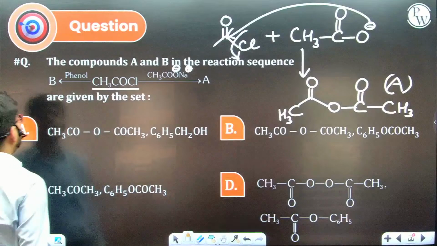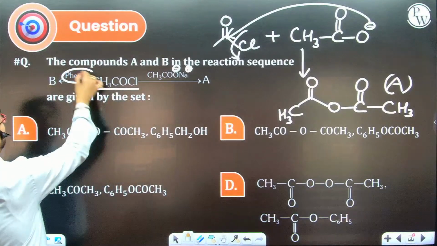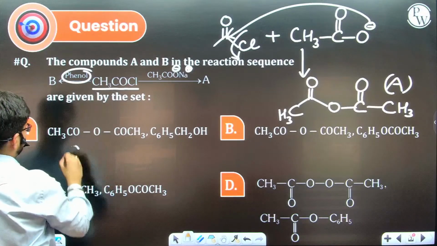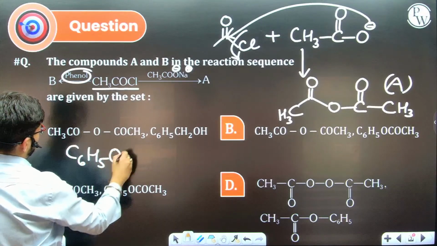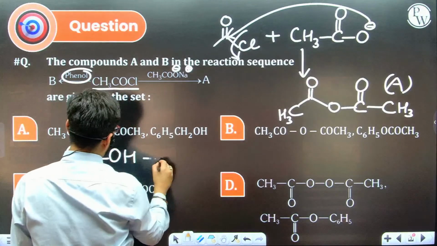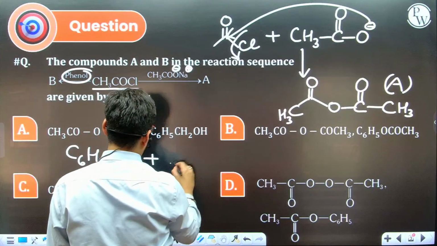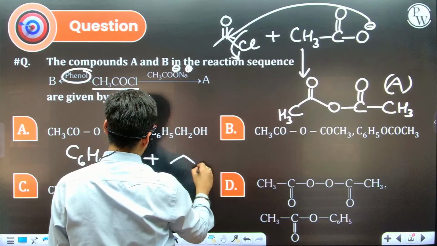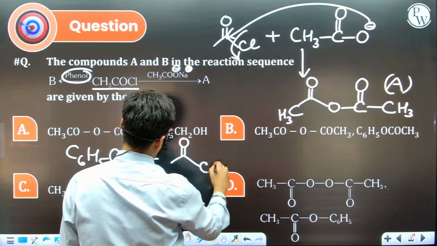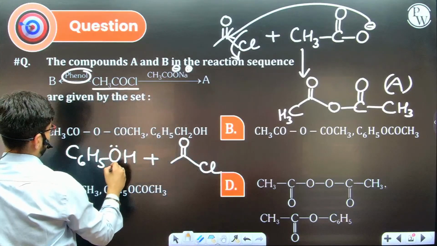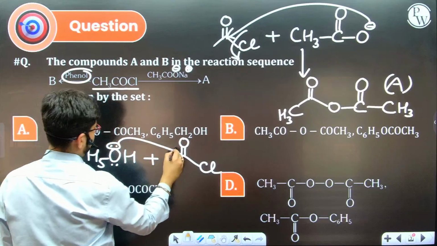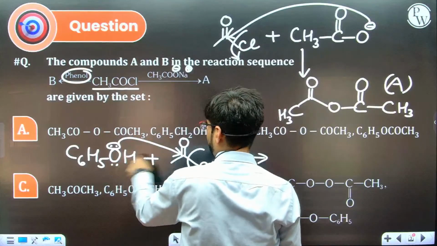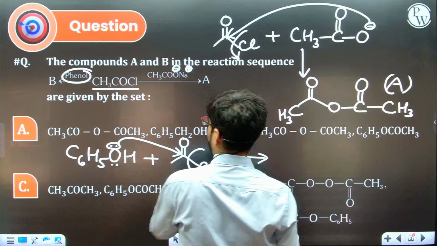Now let's talk about B. To get B, we will treat this with phenol. Phenol is C6H5OH. If phenol undergoes reaction with CH3COCl, again a similar thing will happen here. Phenol is acting as a nucleophile. From this oxygen, this H will go out in the form of H+, so HCl will be a byproduct.